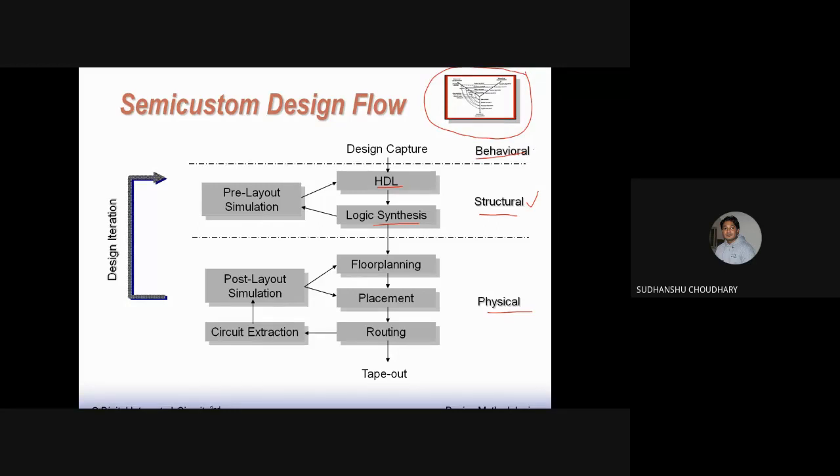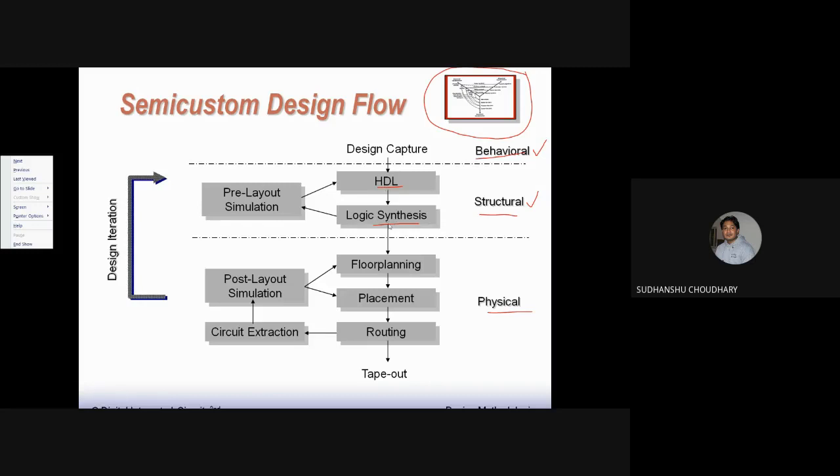The behavioral part is given by the user specification. The user gives us the behavior, and we have to implement this behavior and create a chip for it. So for this behavior, you write an HDL code and then perform the logic synthesis. This HDL code is now converted into a netlist which consists of gates, and gates obviously consist of transistors.